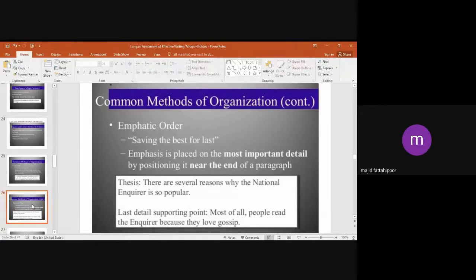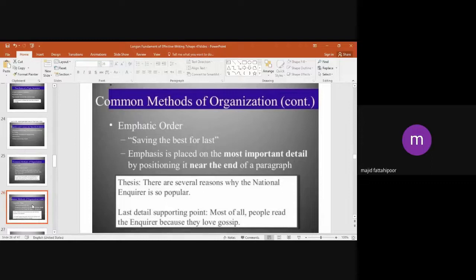For example, you're talking about a logical thing. The topic sentence is that there are several reasons why the National Enquirer is so popular. These reasons cannot be put in time order, but they can be put in emphatic order, where emphasis is placed on the most important detail by positioning it near the end of the paragraph.